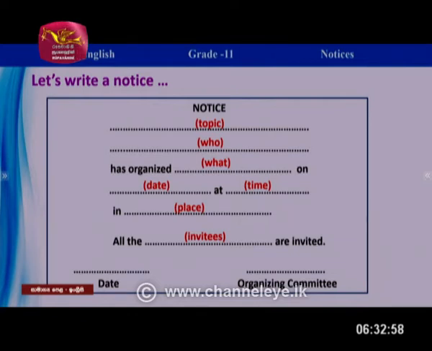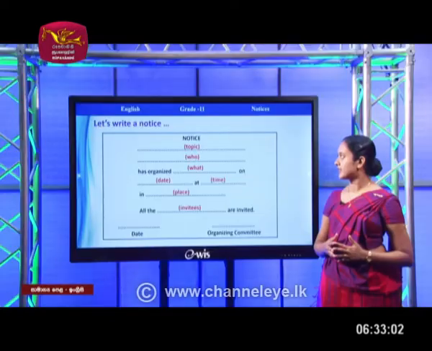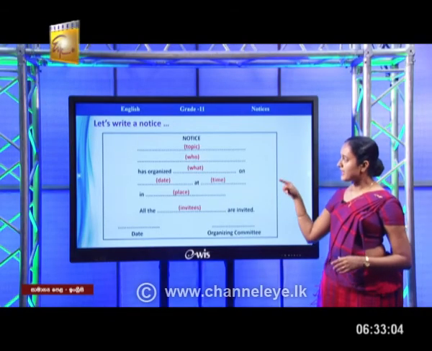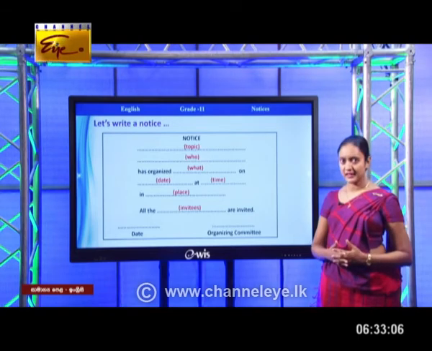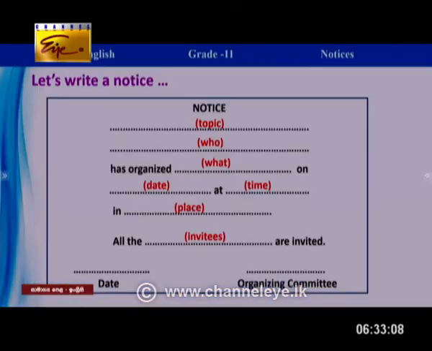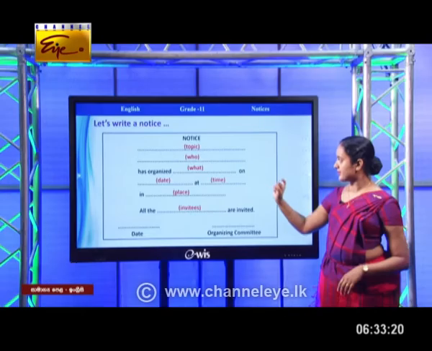First of all, we have to write the word notice on the top. Then, if there is a topic for the event, you can include the topic here. And then, you have to include who is organizing the event. And then, what is the event which is going to be held.